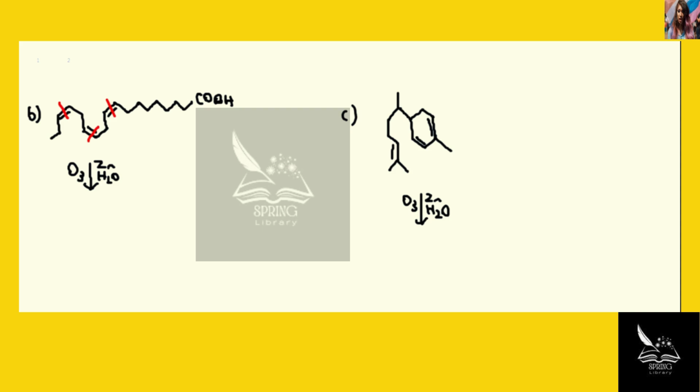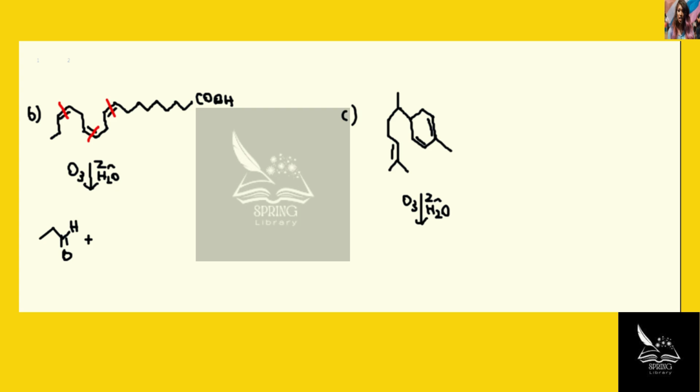And so our first piece is going to give us a 3-carbon section with an aldehyde. So that's from the very first section there.